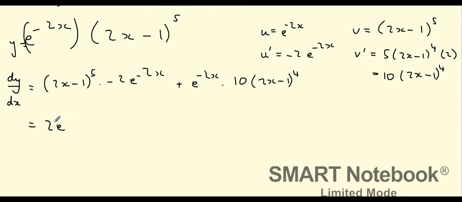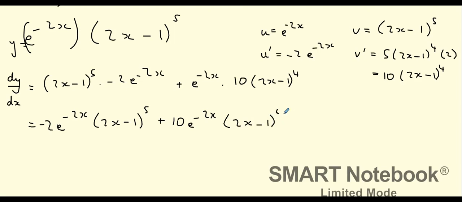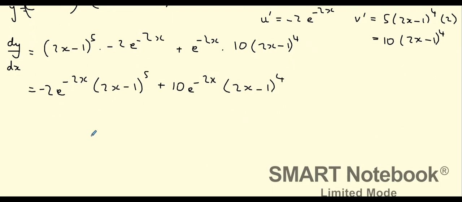So minus 2 e to the minus 2x, (2x minus 1) to the power of 5, plus 10 e to the minus 2x, (2x minus 1) to the power of 4. I could quite easily leave it like that because the question didn't say put it in a particular format, but seeing that we did practice that a little bit, I'm now going to just go ahead and think about this.